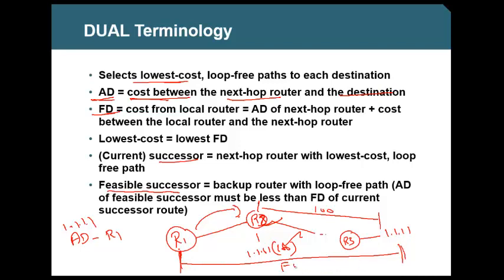Feasible distance. The lowest metric. If you have multiple paths, the path whose metric is lower from R1 to R3's 1.1.1.1 network, that's the feasible distance. Advertised distance is the distance or the metric advertised to R1. Who advertises to R1? The next hop advertises.